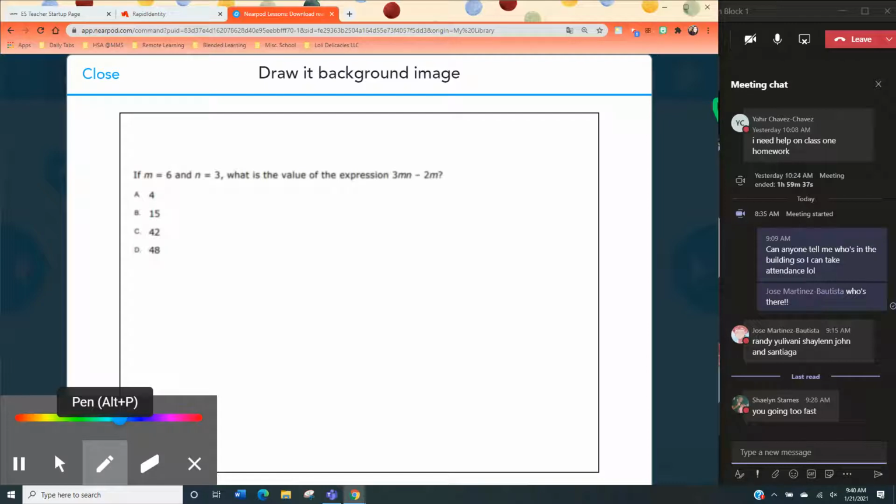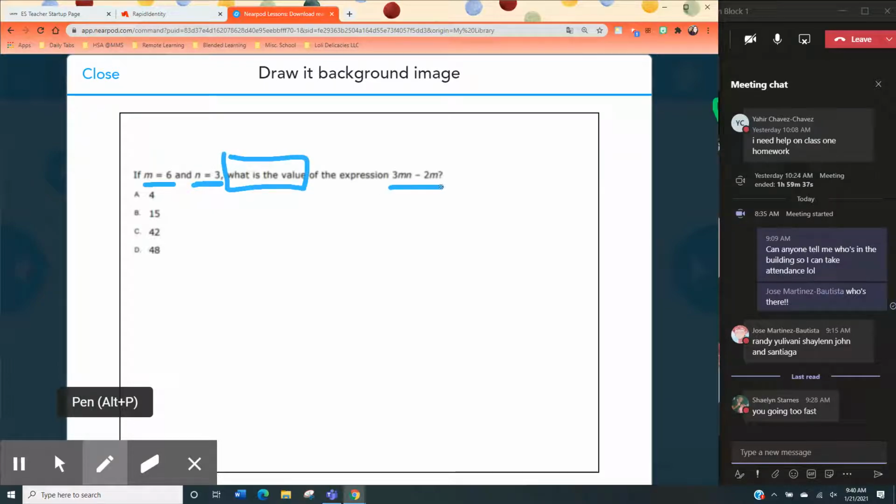I'm going to go back and underline, and then we'll start writing it out. What is the value of the expression 3mn minus 2m?